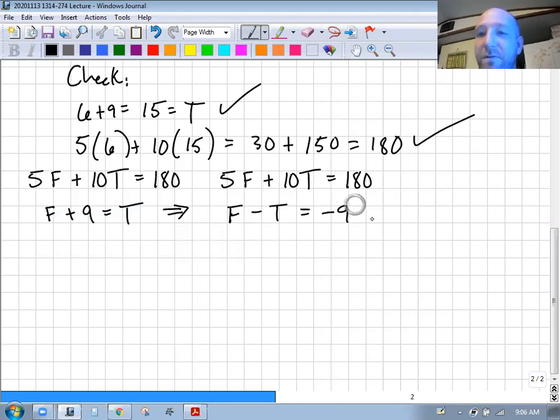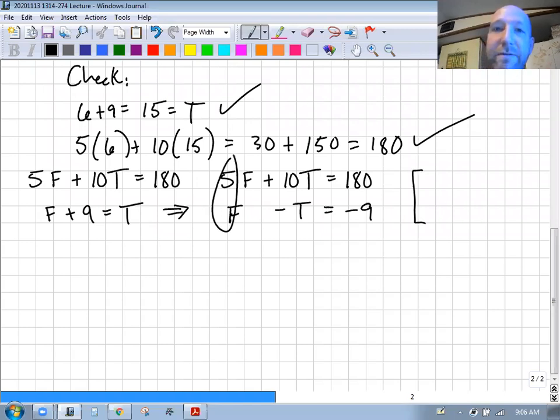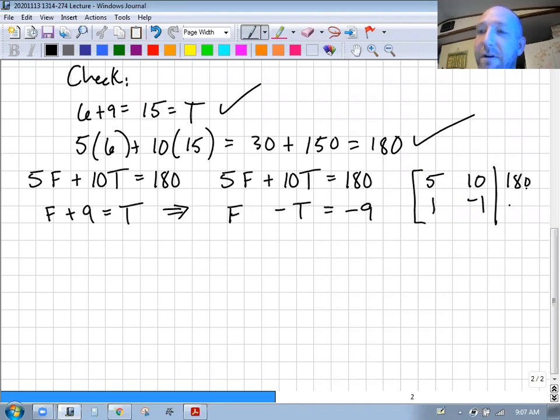Let's scoot this over a little bit. If we're going to make an augmented matrix, we take our F's. We have a 5 and a 1, got a 10 and a minus 1, and then 180 and a negative 9. All right, that's what the augmented matrix would be.